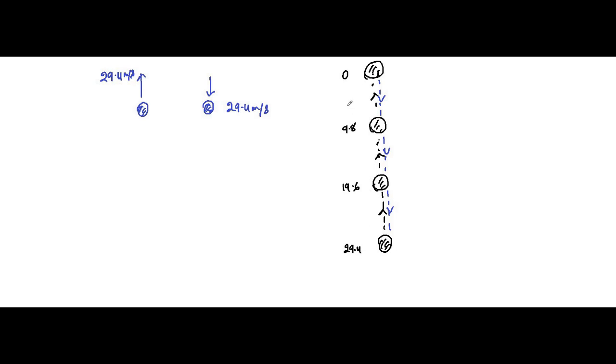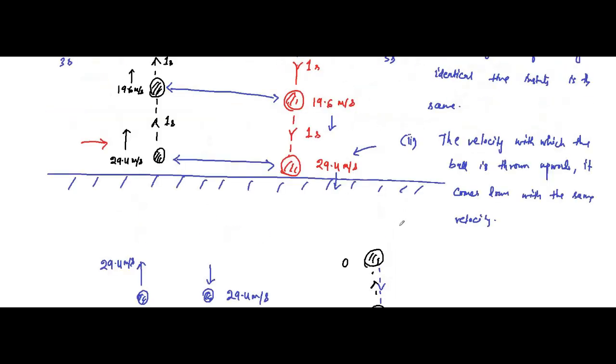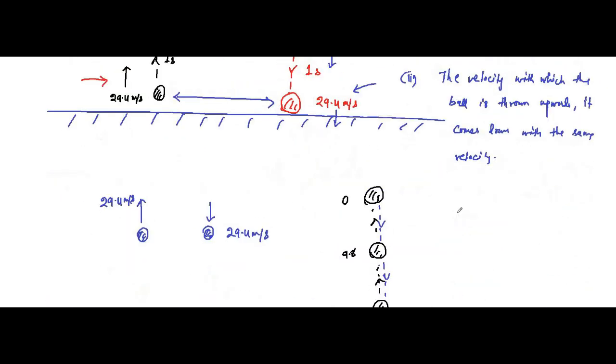The velocity with which it is thrown upwards, it comes down with the same velocity at the same point, and the time taken for the upward journey is the same as the time taken for the downward journey.